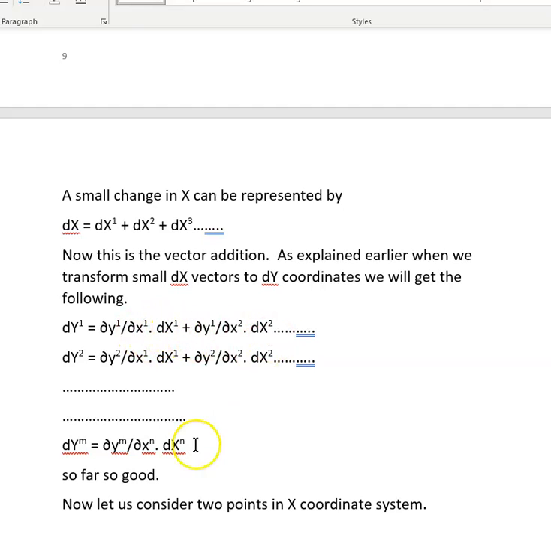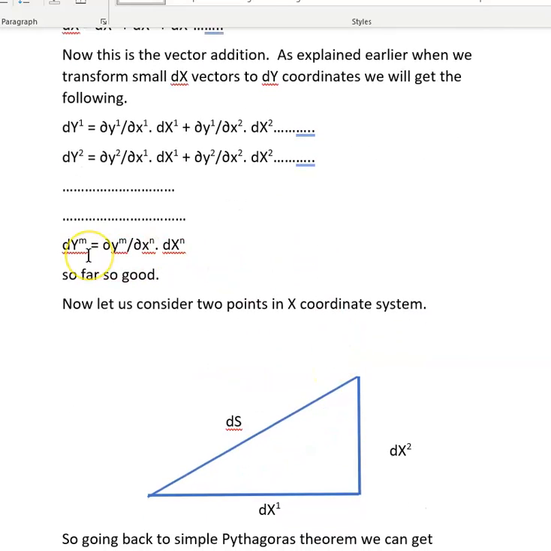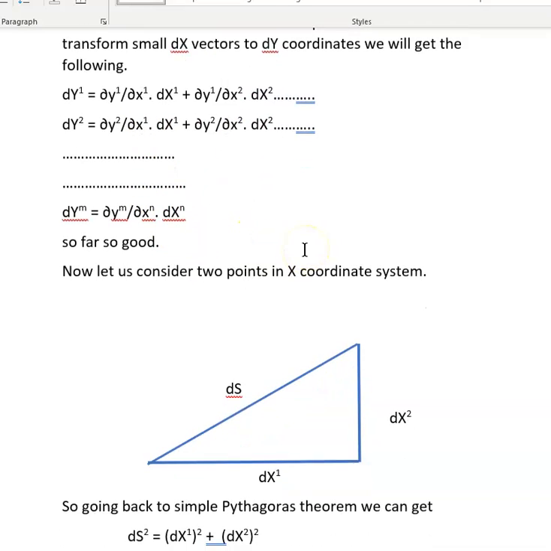And then similarly we have dx2 and dx3, all that has to be added in. So similarly dy2, we also can have the same equation written down, and then we would get a general equation. We did this before, and you could go back and see how we got this. So 1 through m could be dym, and 1 through m here dy the partial ym, 1 through n, and dxn here.